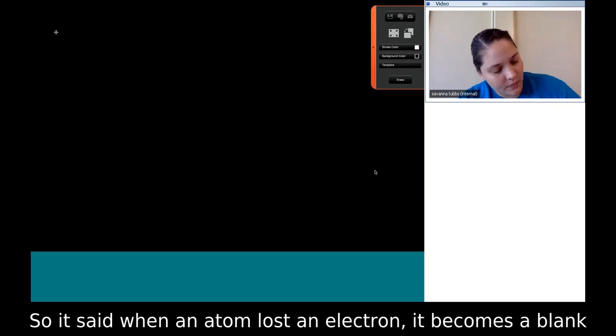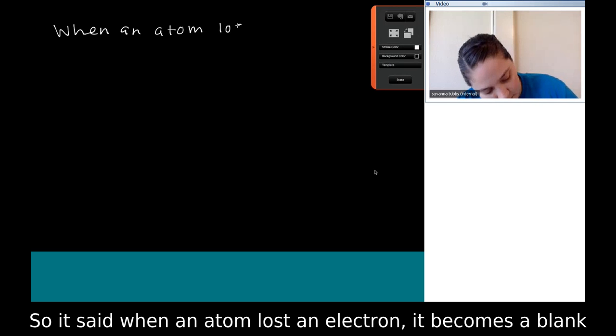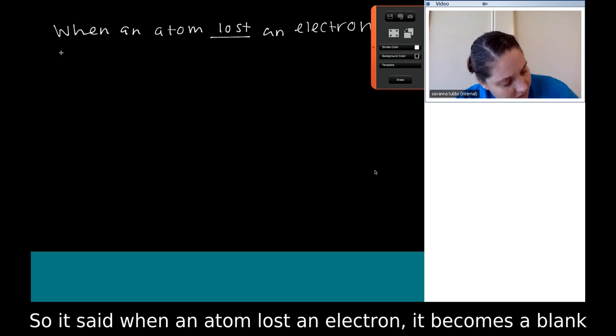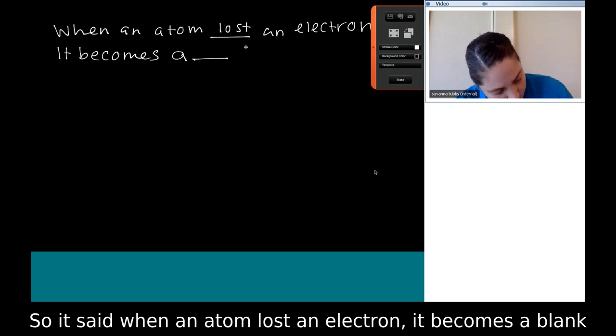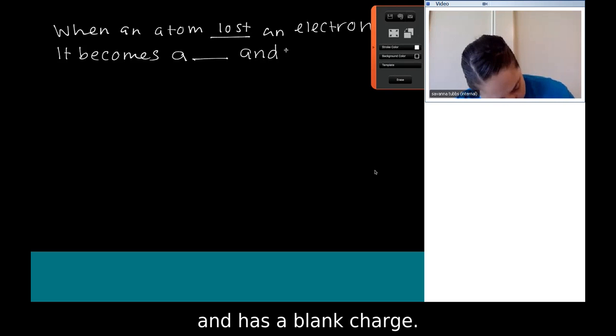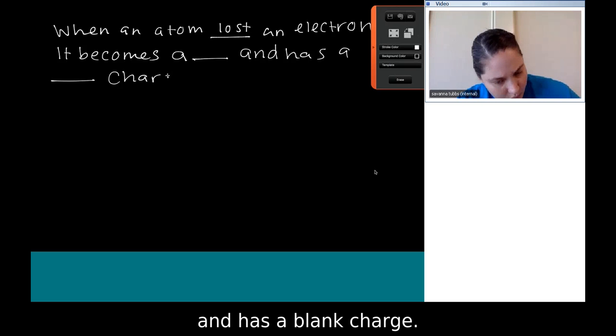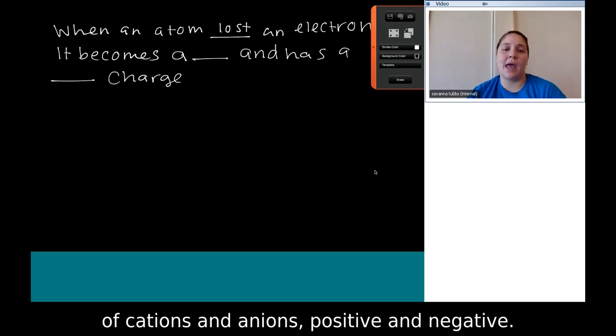It said, when an atom loses an electron, it becomes a blank and has a blank charge. They gave us all the combinations of cations, anions, positive and negative.